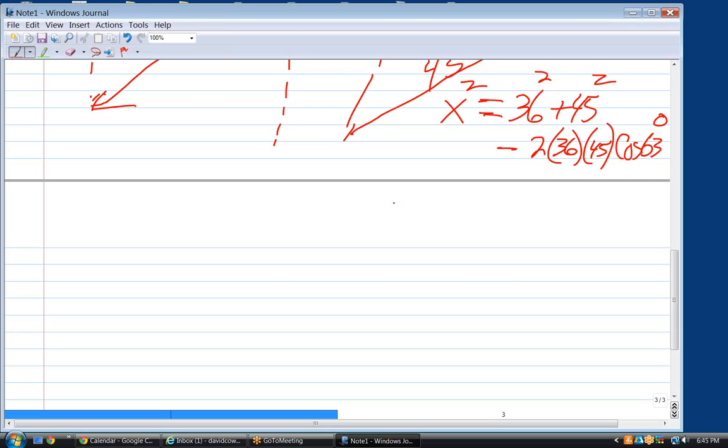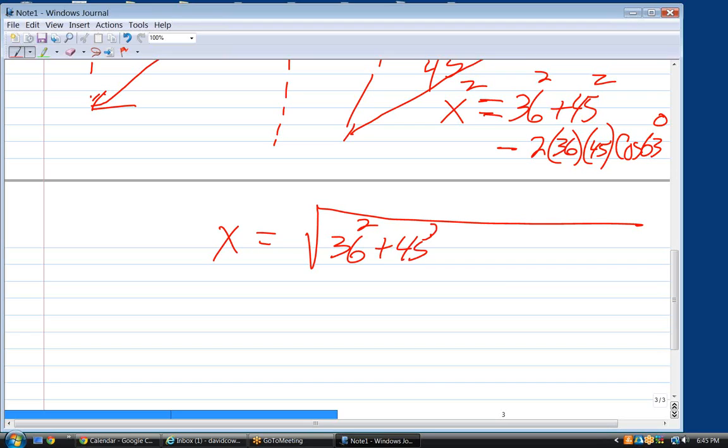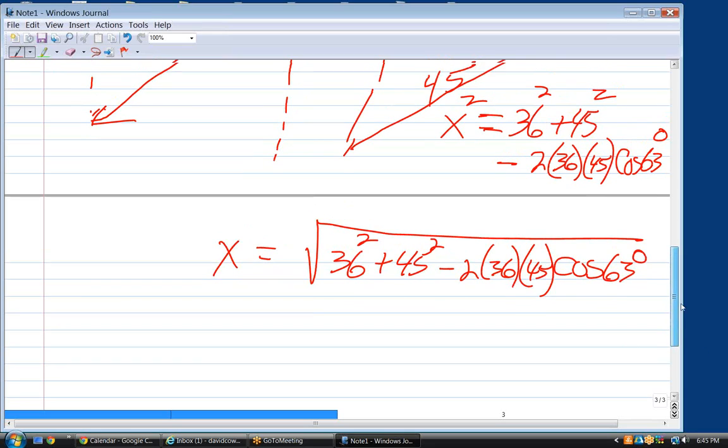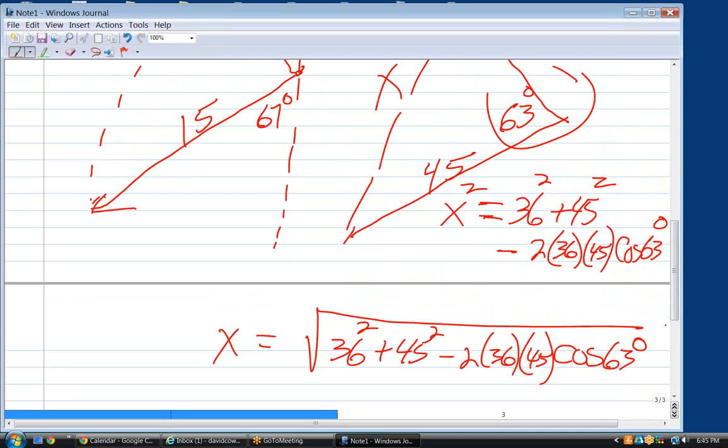So we have x equals the square root of all of that, and you can get that from your calculator. I like these ones because you can just plug them in.